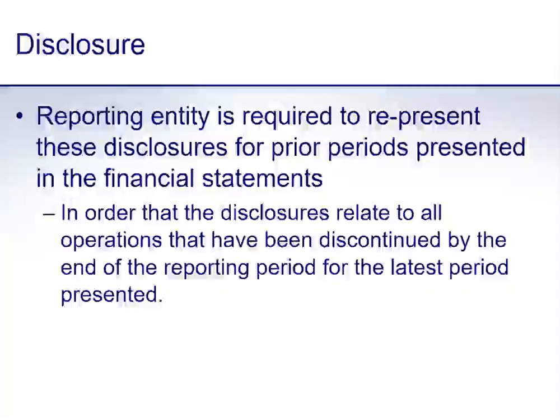If they were prepared on a different basis, last year we hadn't taken the decision to dispose of that particular group of assets or that particular disposal group. So therefore, we would not have shown that as part of discontinued operations. So if that is the case, in order for us to compare like with like, we need to make sure that there is that re-presentation that occurs, and to highlight the fact that these things are now presented on a like-for-like basis.